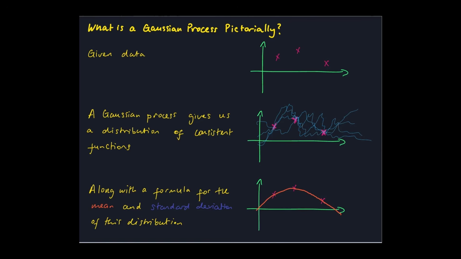Then you could ask, what is the standard deviation around the mean? It's reasonable that it should grow as you move away from the data and then shrink to 0 on the data. So that's one way it could look.